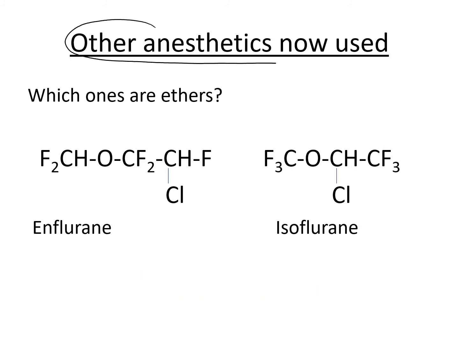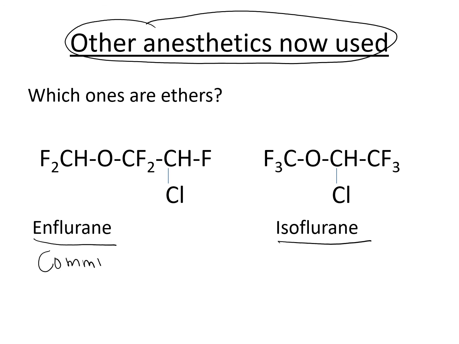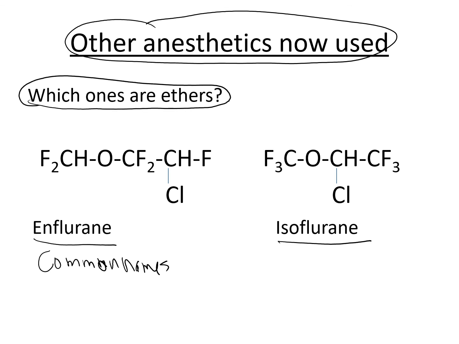Other anesthetics are now used, such as enflurane and isoflurane. These are common names that you don't have to know. I'm also not going to ask you for the IUPAC names because we haven't learned how to name those groups here. What I might ask you is which ones are ethers, so it's picking out the functional group.